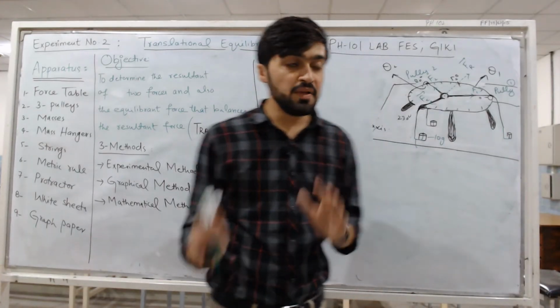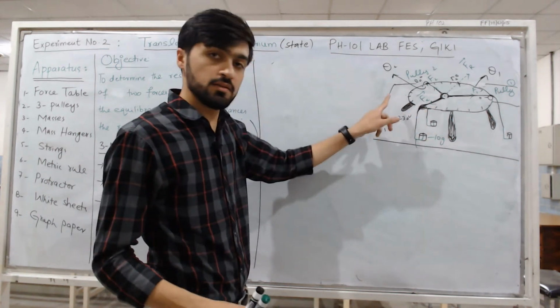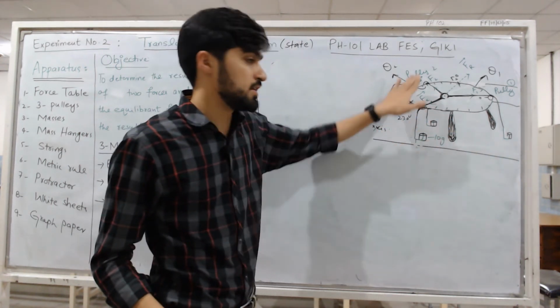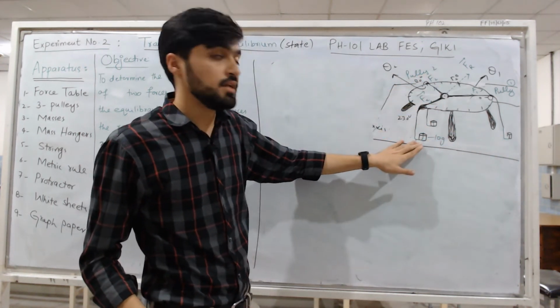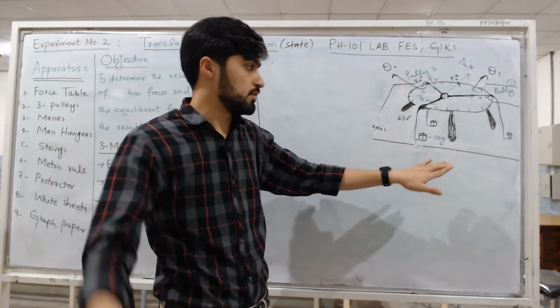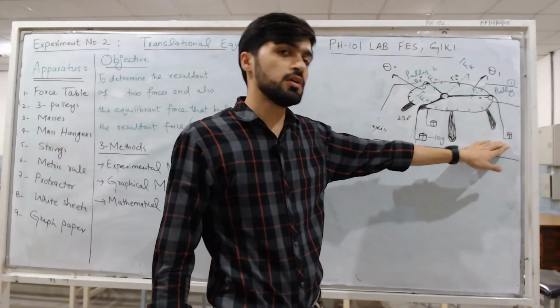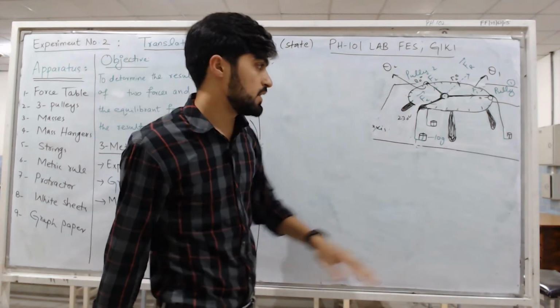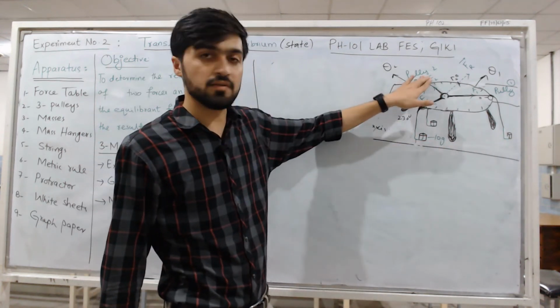You have to repeat this experiment for the same masses. Let's say 10 grams, 10 grams, 10 grams, including the mass of the hanger. Then you will repeat it with more masses, let's say 30 grams, 30 grams and 30 grams.